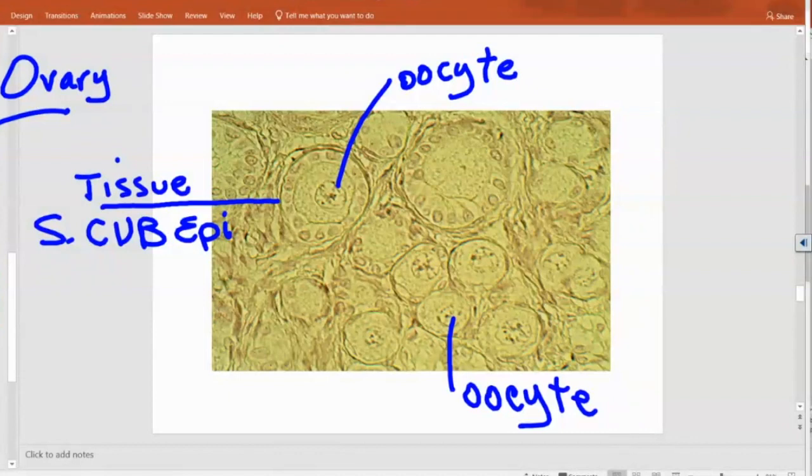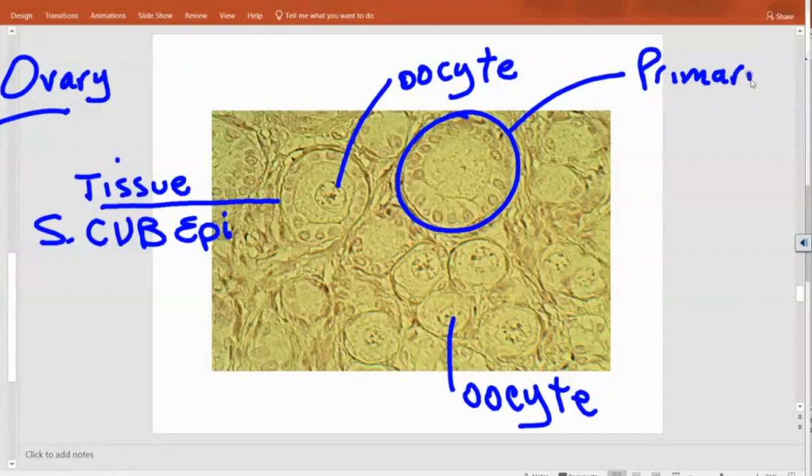And pretty soon you'll get to that and you'll see that and you'll know it automatically. Okay? What did we call this entire structure? Very good. We called it a primary follicle.